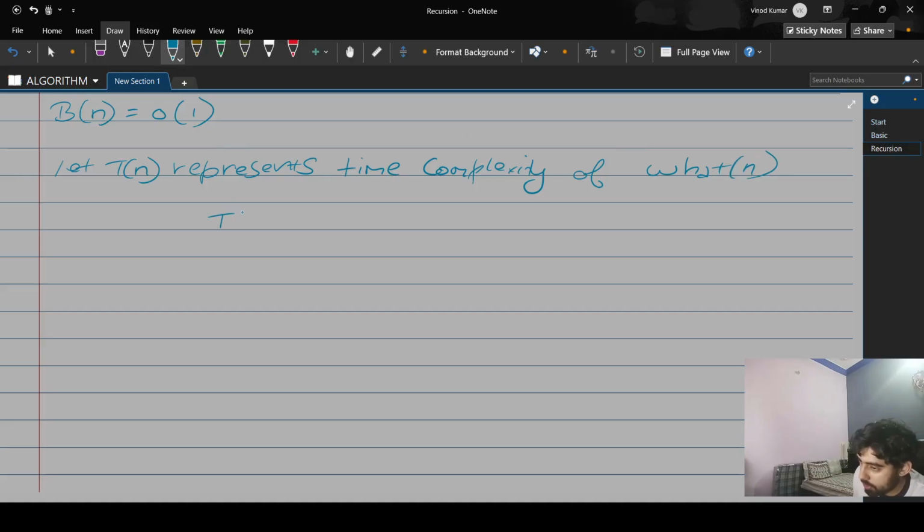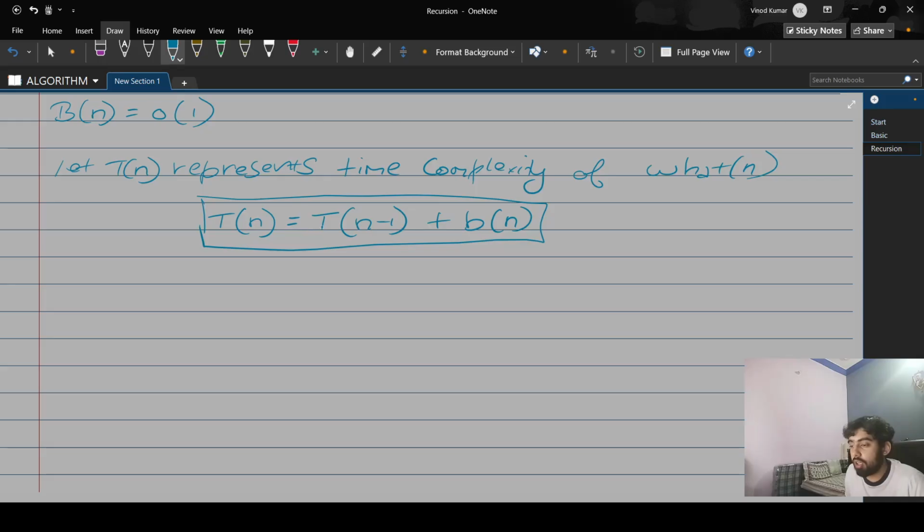So in this, we can write T of n is equal to T of n minus 1 plus b of n. This is the equation that we will solve to find the time complexity of this.